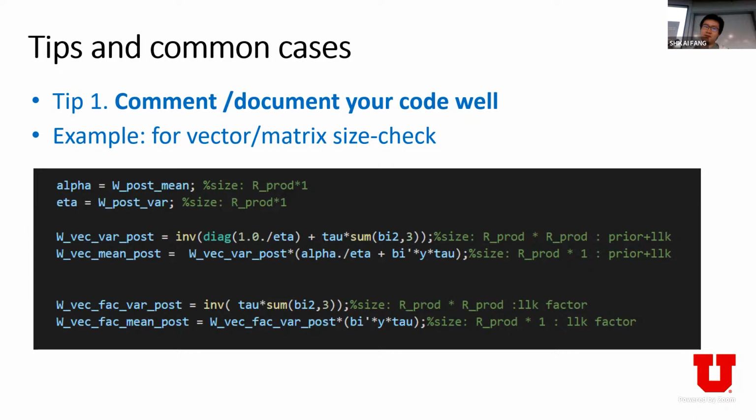A very efficient and helpful tip is to use comments to add the correct or ideal size of each vector and each matrix. And when you're debugging, if I find the whole code cannot run smoothly, I just print alpha, print eta and the variables here, and check whether their shape and size match the ideal size I commented here.